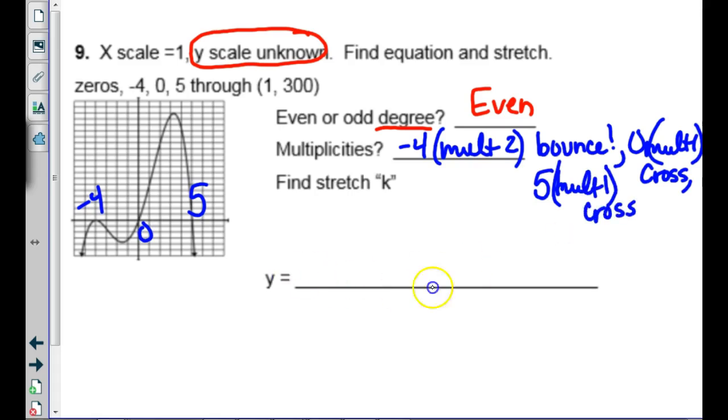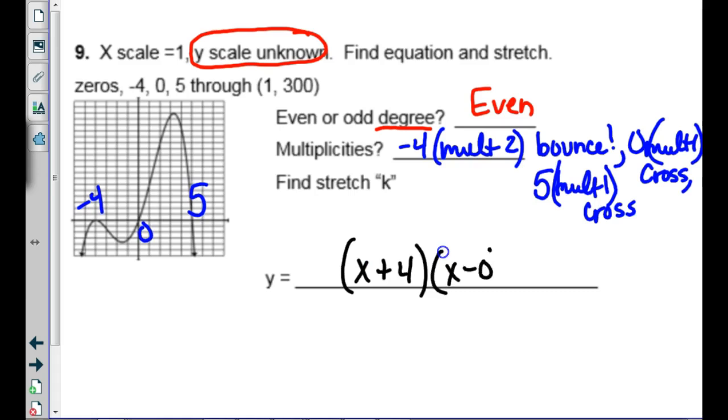Okay, so give me the factored form. Okay, so what can you tell me? X plus 4. What else?